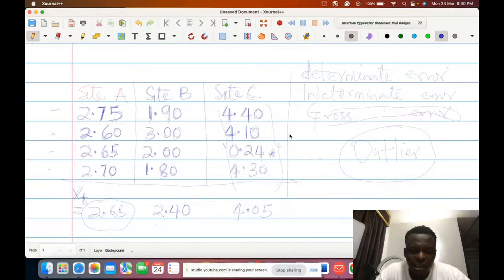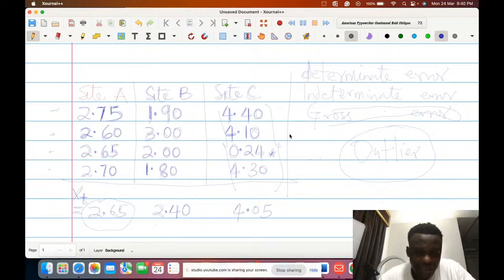Class, let me give you an example of an outlier. Outliers are always either the smallest value or the highest value. That is why they are called outliers. They lie outside the range where other values are meeting. So that's basically what outlier means.